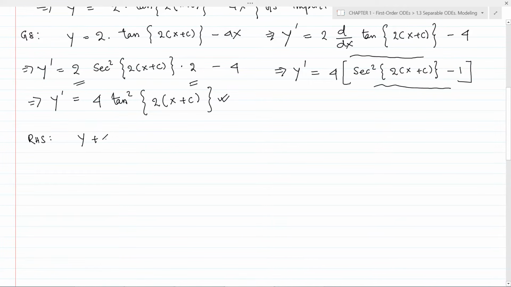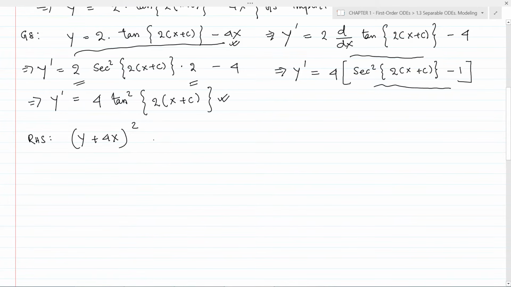Now the right hand side term is y plus 4x whole square. From the general solution we can see y is equal to 2 tan of 2 whole into x plus c minus 4x. We can take this 4x term to the left side and we can get y plus 4x is equal to 2 tan of 2 whole into x plus c.